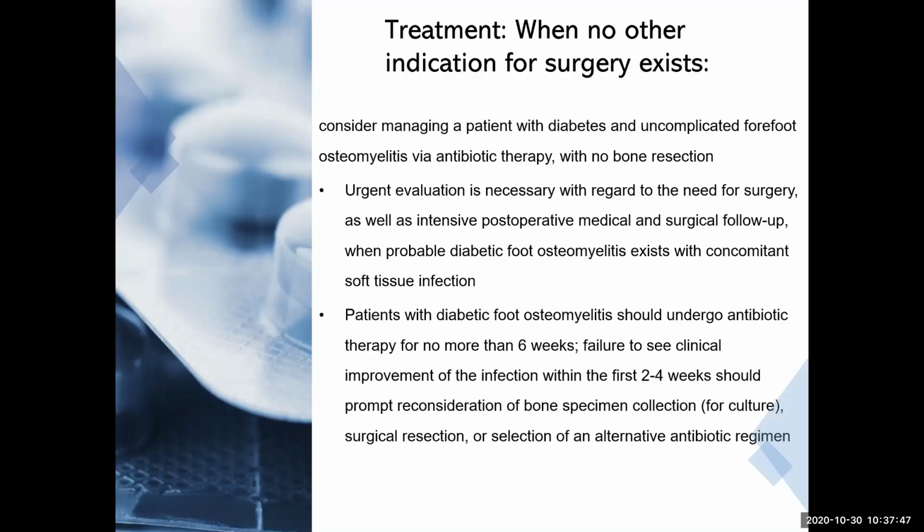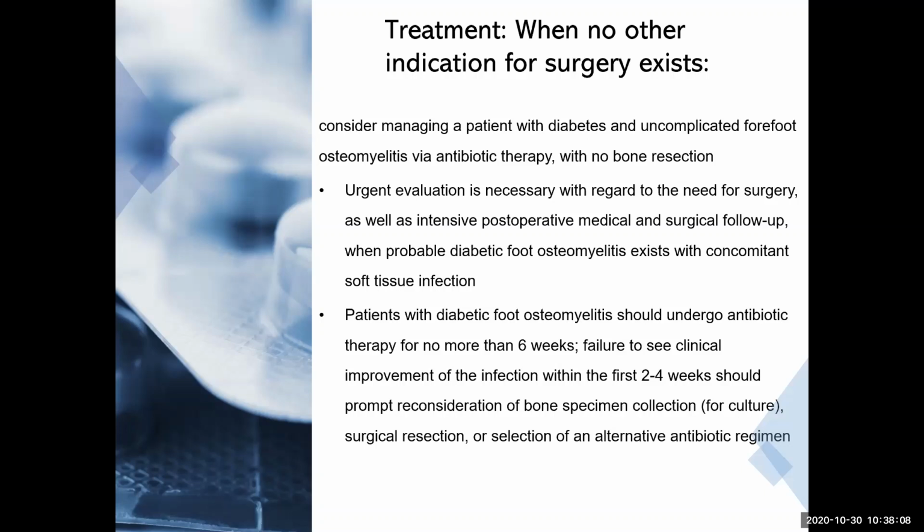A patient with diabetic foot osteomyelitis should undergo antibiotic therapy for no more than 6 weeks. Failure to see clinical improvement of the infection within the first 2 to 4 weeks should prompt reconsideration of bone specimen collection, surgical resection, or selection of an alternative antibiotic regimen.